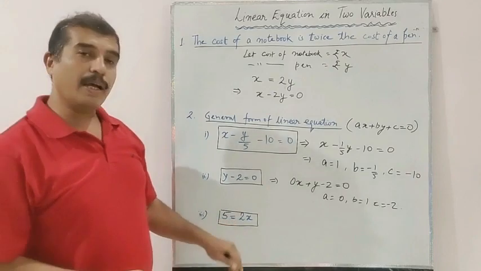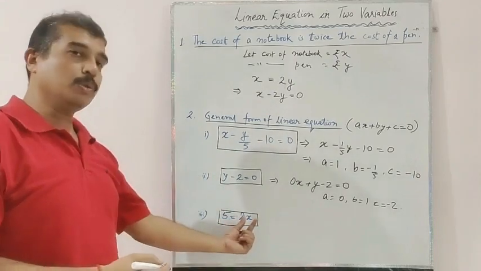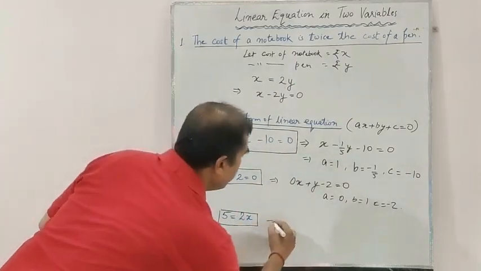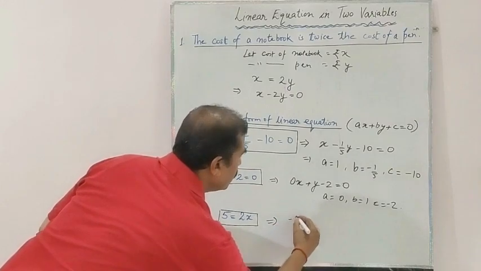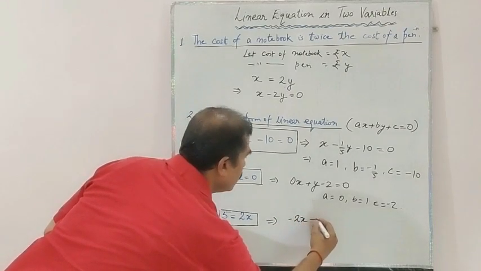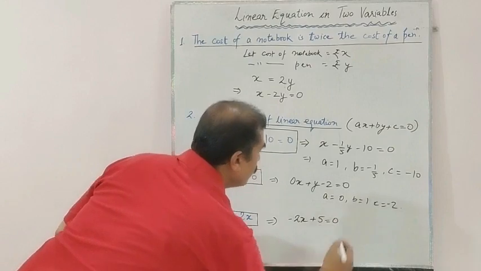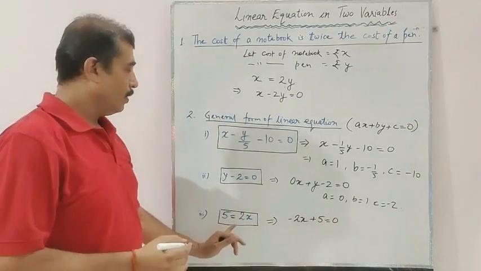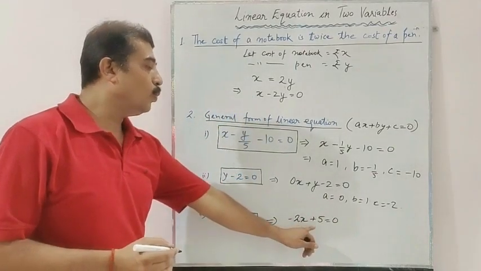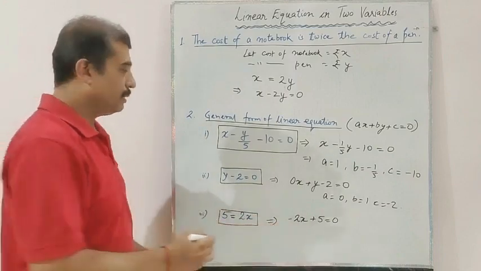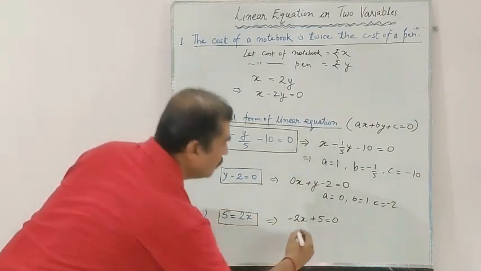The third equation, 5 is equal to 2x. We have to transpose 2x to the left side, which means the equation becomes minus 2x plus 5 is equal to 0. Again, we do not have the y term, that means the y term is 0.